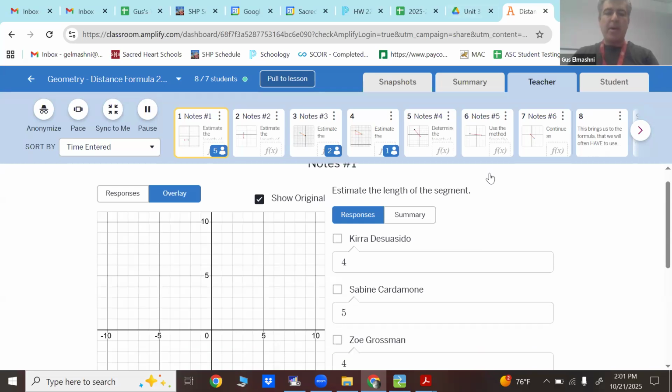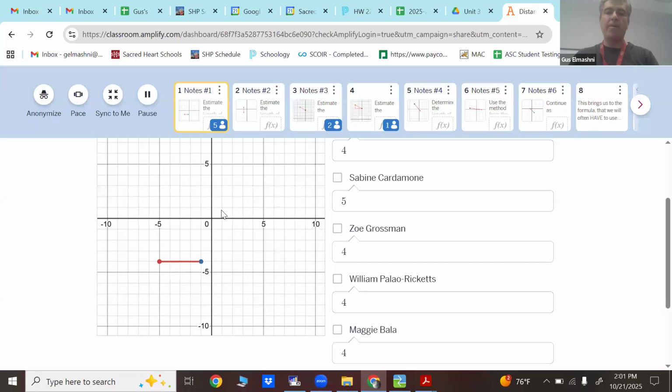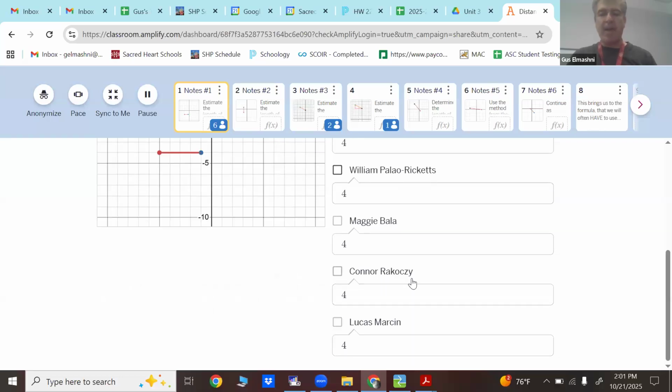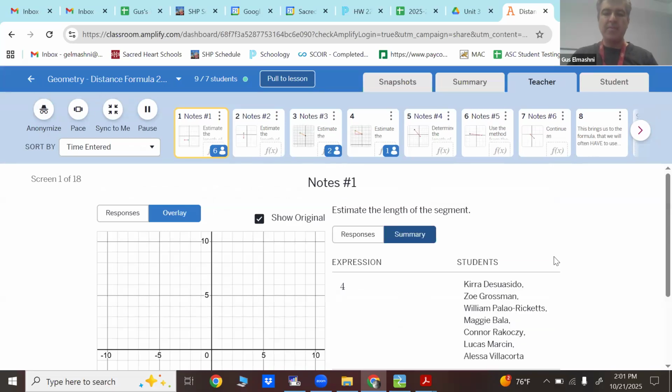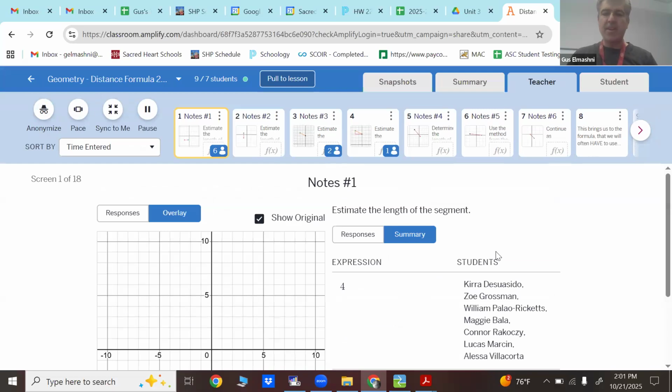I can see the responses, and looking at the first one, it's pretty obvious that the length is 4, right? William, that's great. Maggie, that's great. Connor's great. Luke's great. Cool. So we have full transparency here, or we can make it anonymous.